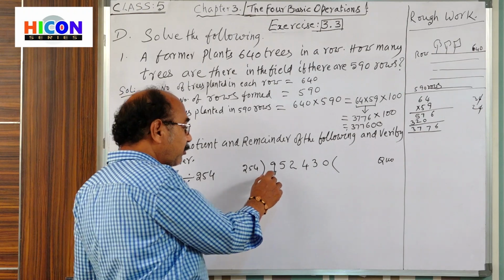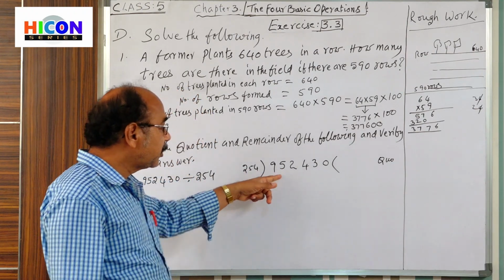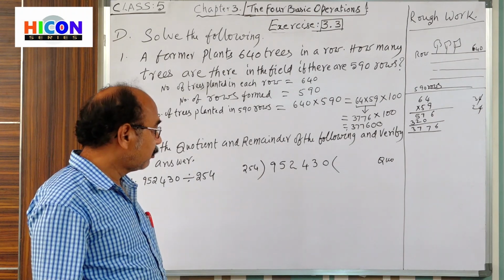Here 952 is greater than 254. That's why you can select the 3-digit number now.